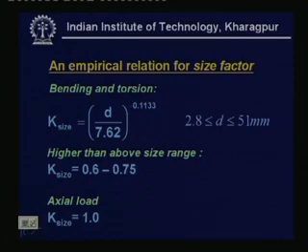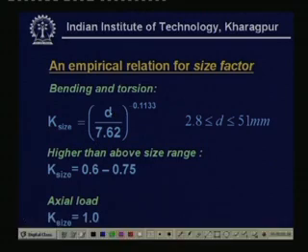One interesting feature of this empirical relationship is that if you lower the value of d, then K size is higher, which means the endurance limit will be lowered by only a small amount, and with more size, K size gradually decreases. One physical reason is that the larger the size, the more the chances of defects in the material.